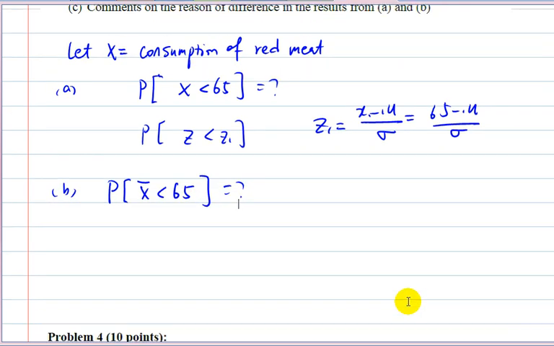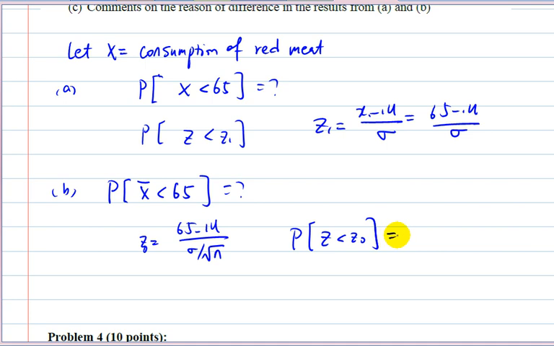You first calculate the z-score for X bar, which is 65 minus mu over sigma over root n. Then we calculate the probability of capital Z less than that, let's call it z naught.